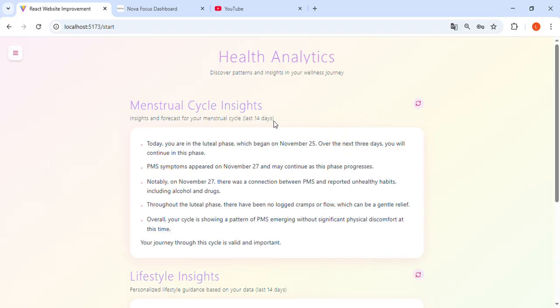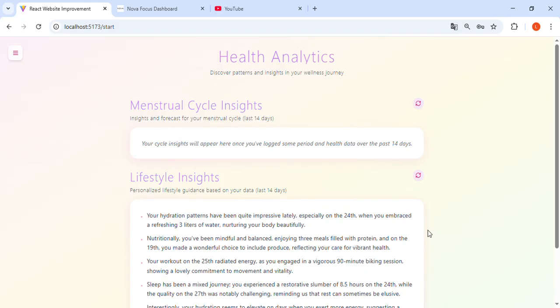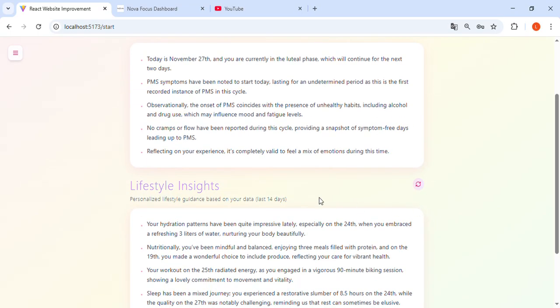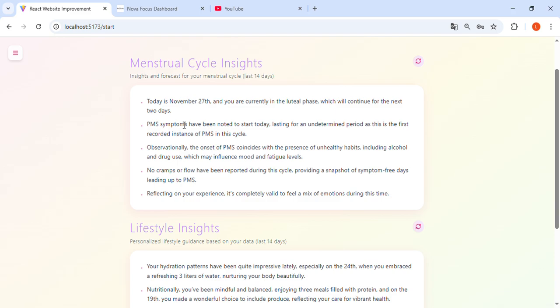Now let's go to health analytics. Okay, now it just analyzed it. So now here it's really analyzing the menstrual cycle of the women, explaining in what phase they are, what's coming next, how they should behave, and everything.